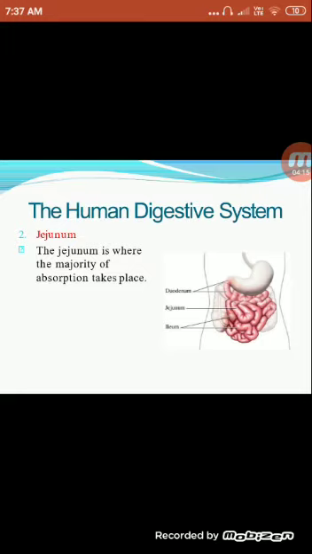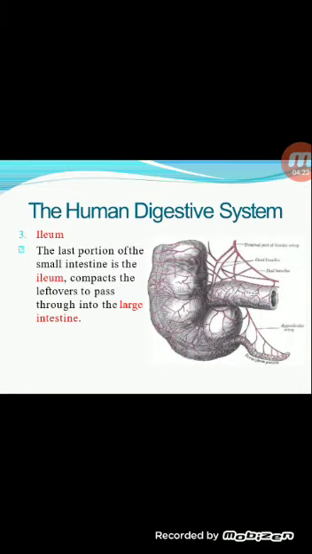So the undigested food in the small intestine enters into the large intestine. Before that, let us learn the third part of the small intestine, that is the ileum. It compacts the leftovers to pass through to the large intestine. Yes, after digestion takes place, some undigested food will be there, right? So that food will be pushed to the large intestine through this ileum.